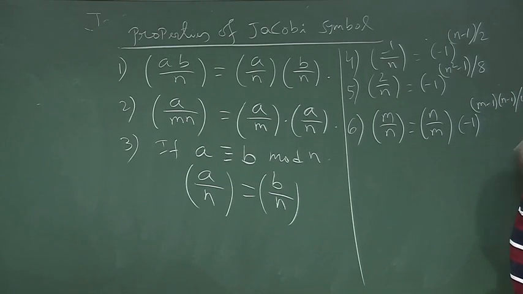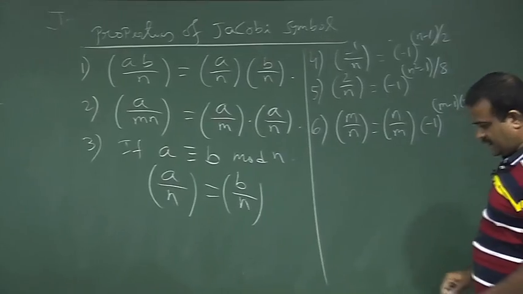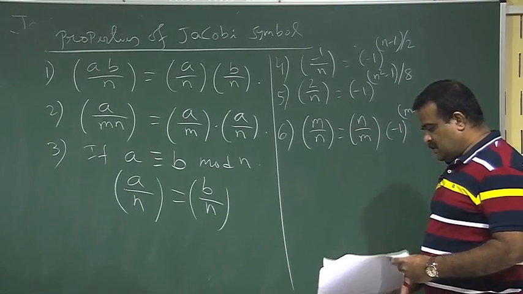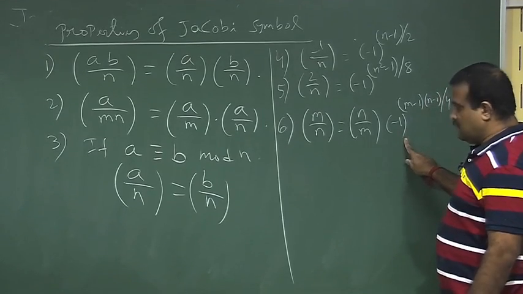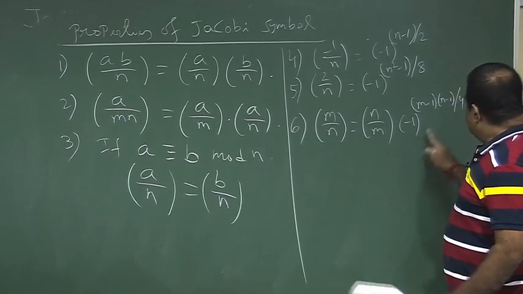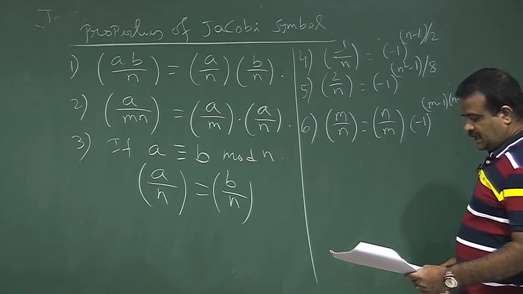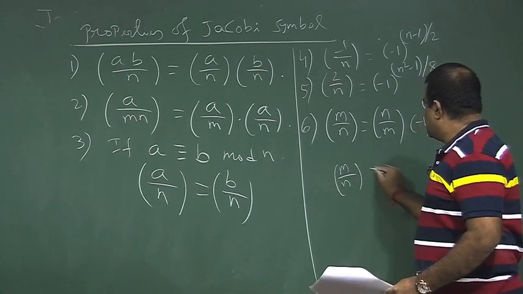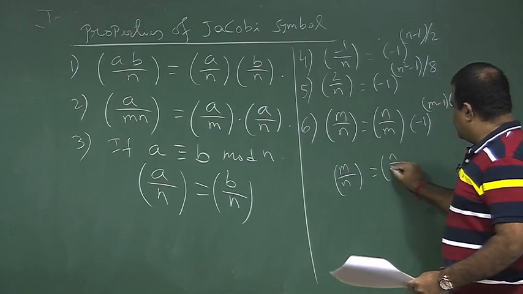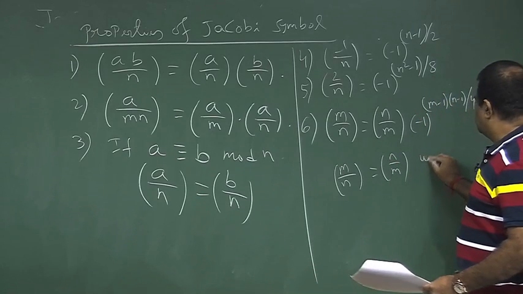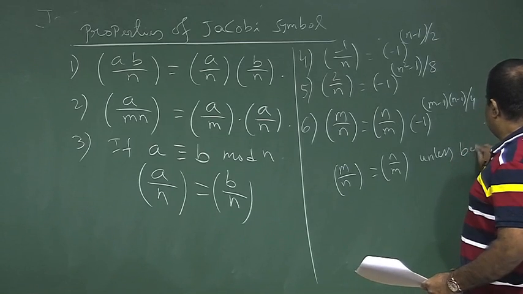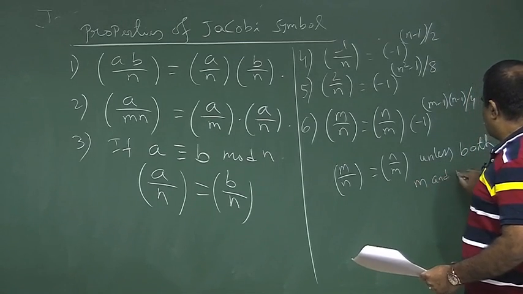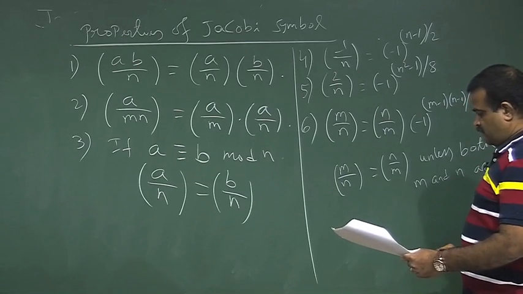This can be easily checked by using the factorization and the Jacobi symbol. So this is either 1 or minus 1 depending on this value. Mostly (m by n) is equal to (n by m), unless both m and n are congruent to 3 mod 4.